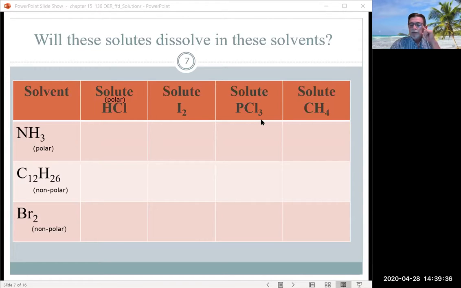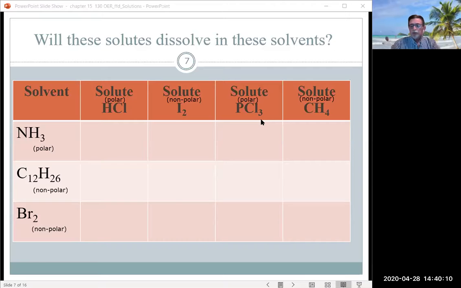Then we have the solute iodine, I2, again a diatomic molecule, nonpolar. Finally, PCl3: if we do the Lewis dot structure, it's the very same structure as ammonia, lone pair on the phosphorus, automatically a polar species. And then the last one, CH4, carbon and hydrogen, nonpolar bonds, nonpolar species.